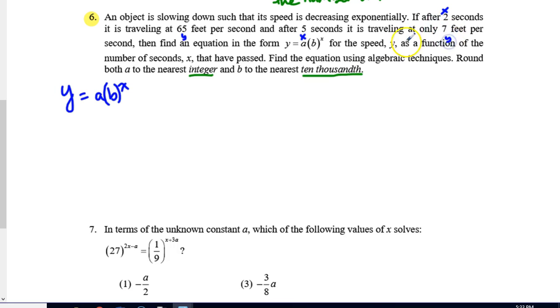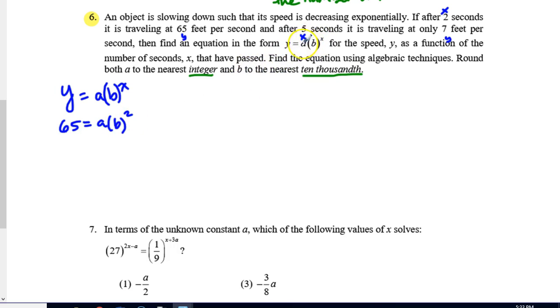Okay. So once those are paired, we can make substitutions. Let's try the first one. A and B are unknown. That's what we're trying to find.